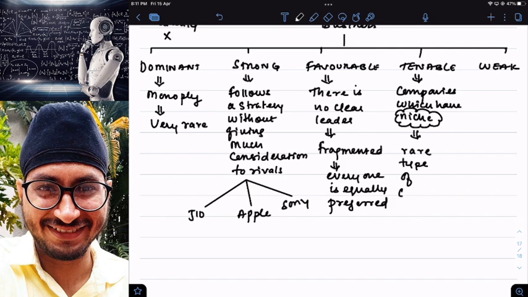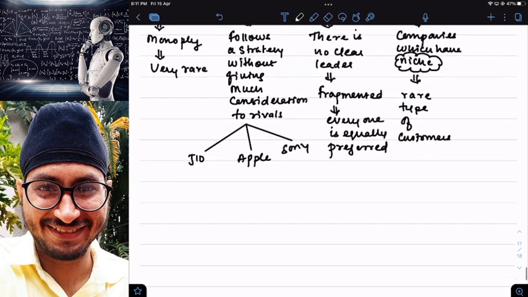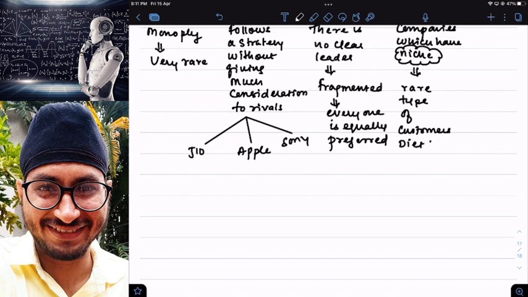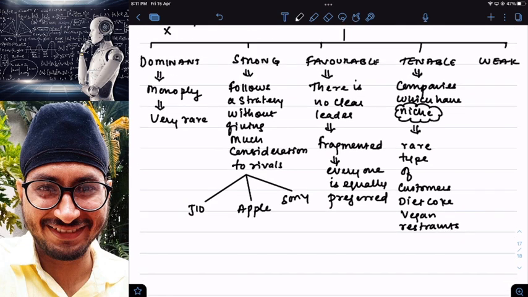Clear? Example, Diet Coke, or vegan restaurants. They are examples of what, sir? Tenable. And then we have weak.